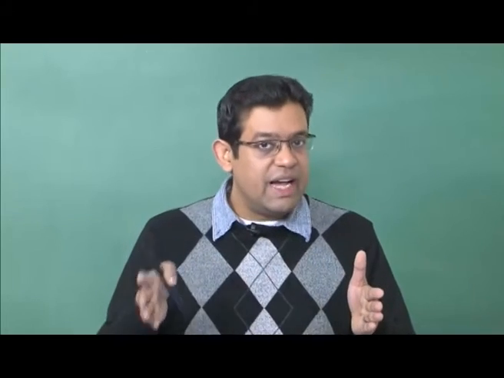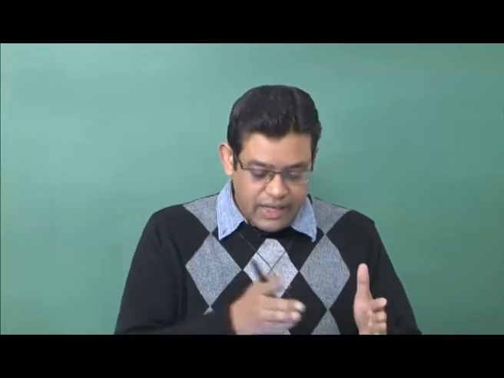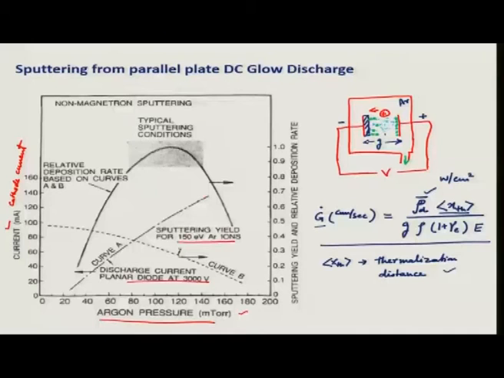So though these ions are reaching the target and the current is increasing, their energy will be less. So they will result in less sputtering, and if they result in less sputtering, then we will have less deposition.